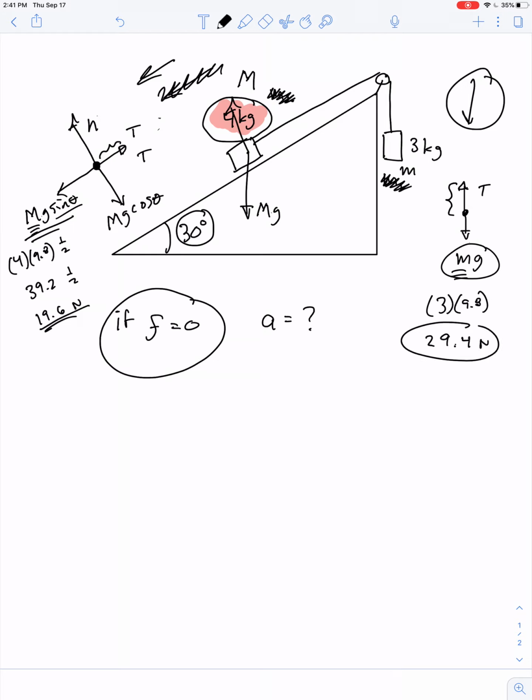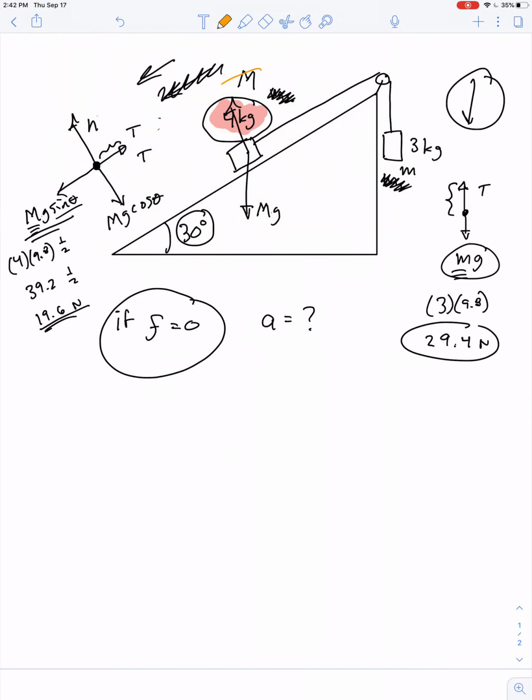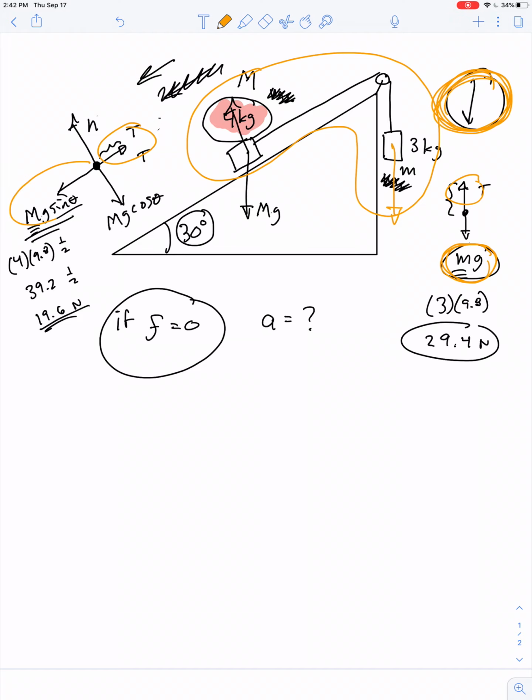If we think of this as one complete object, just one system, then this tension becomes an internal force, and all we really need to do then is consider it like a tug of war. There's a force pulling on this end of the system to make it want to accelerate in that direction, and there's a force pulling in this direction on the whole system, make it want to accelerate this way.